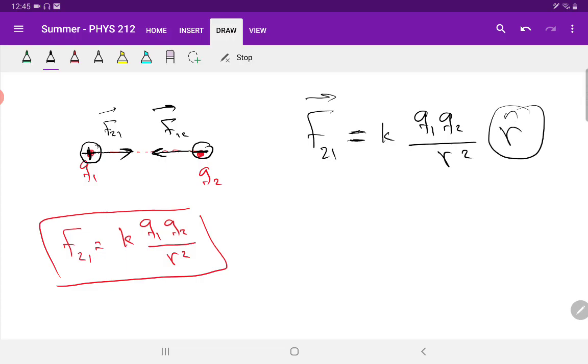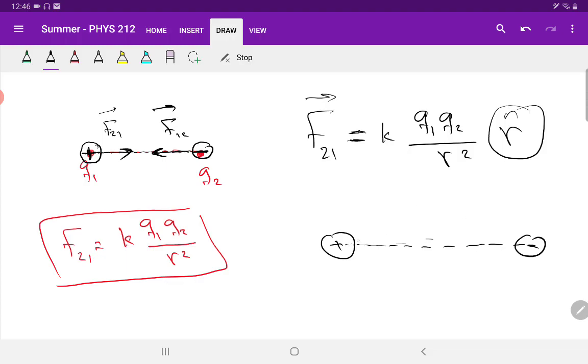Now, what's R hat here? R hat is the unit vector that describes the direction of the line between these two. As I said, here positive, let's say negative in this case, the force will be parallel to that direction.